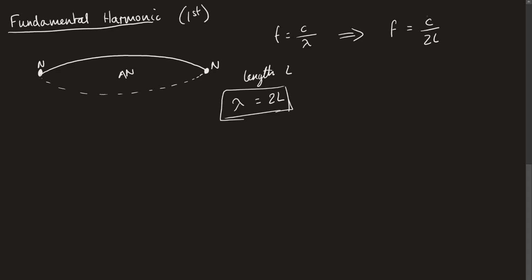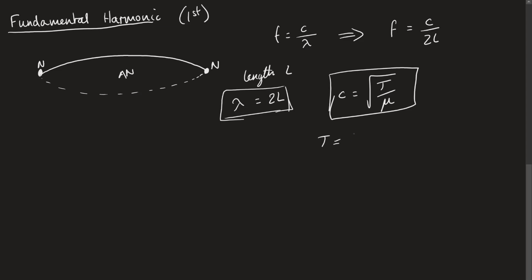Now, how do we work out c? c is going to be very difficult to work out, because usually when we work out the speed, we look at distance over time. In this case, the distance is the wavelength and the time is 1 over the frequency. So what we're going to do is refer to a bit of what we call material science, and say that the speed of a wave through a specific medium we could write as the root of the tension in the string divided by its mass per unit length.